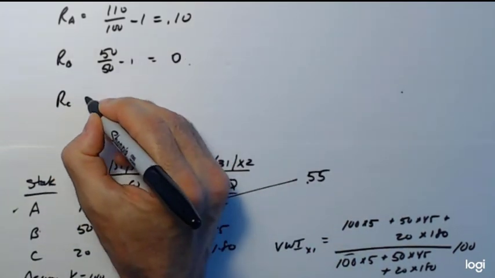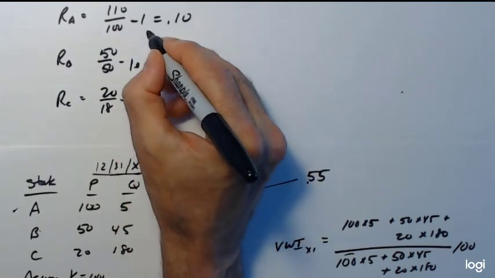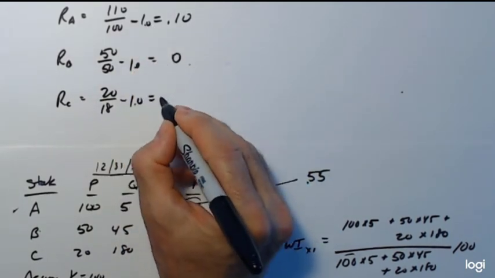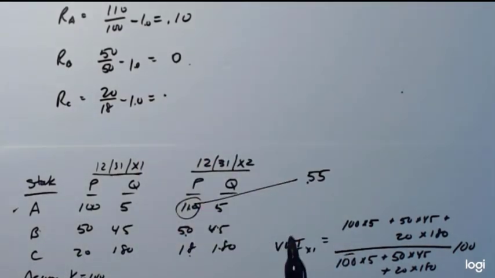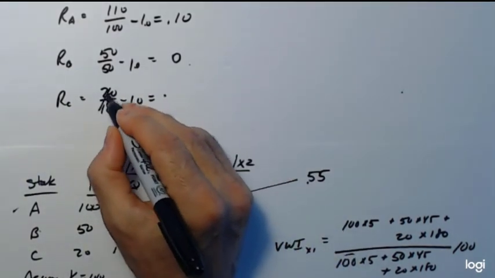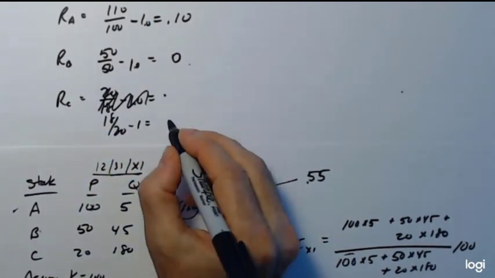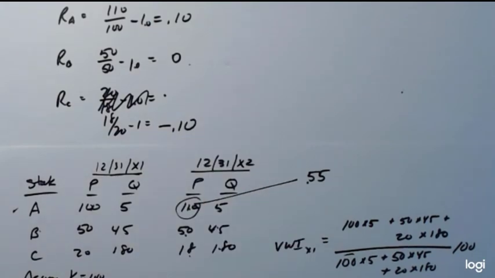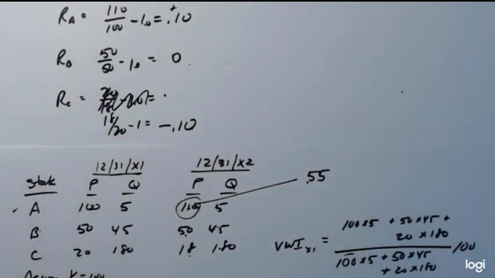Return C was 20 divided by 18 minus 1. I'll put the 0.0 there for you. Oops, made a mistake. That should be 18 over 20 minus 1. And that equals minus 10%. So this is plus 10%, 0 change, and then minus 10%.